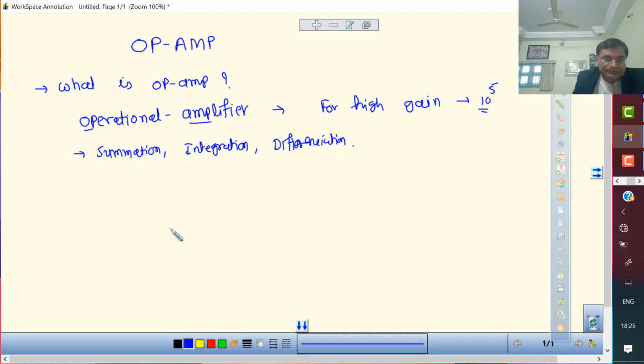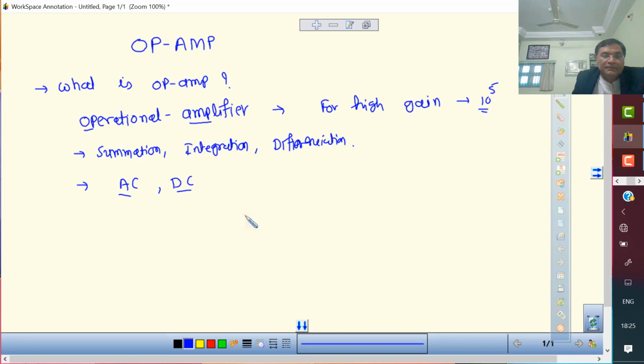So this is op-amp. It amplifies both the signal AC as well as DC. You know, AC means alternate current and DC is direct current.